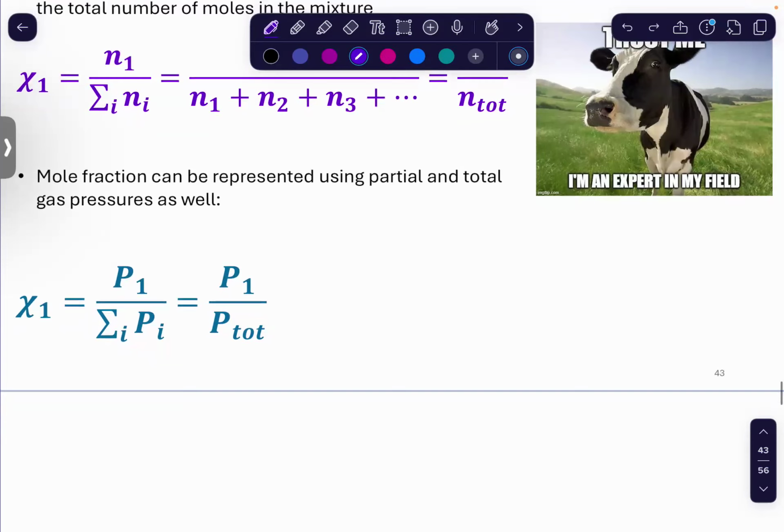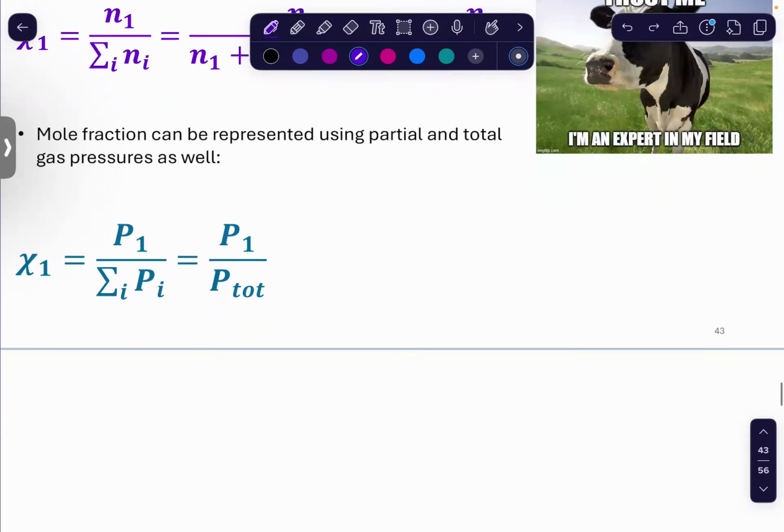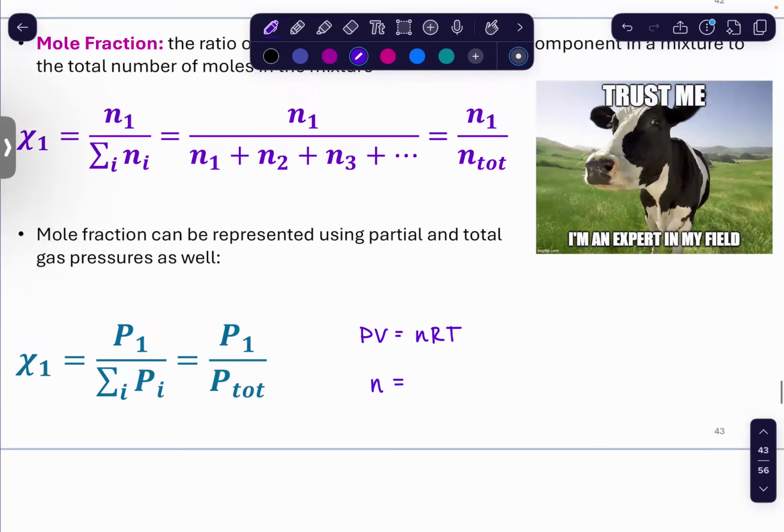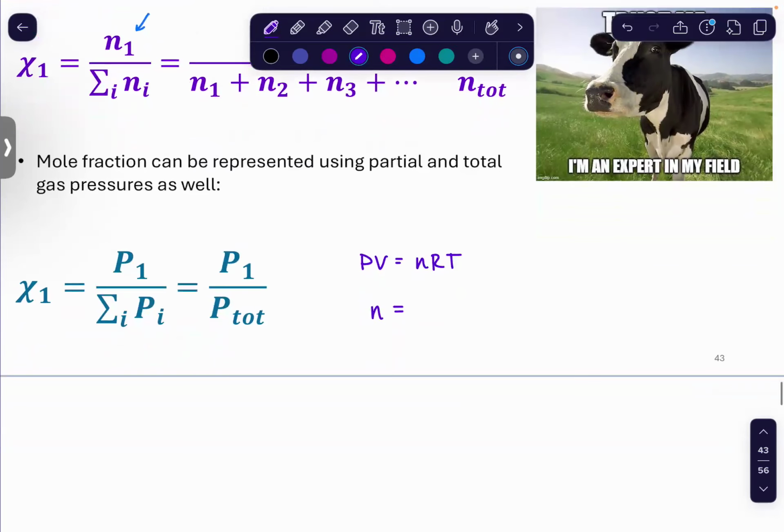First off, I'm going to say PV equals nRT. So N, number of moles, which is the primary number in our first representation of mole fraction, is PV over RT.